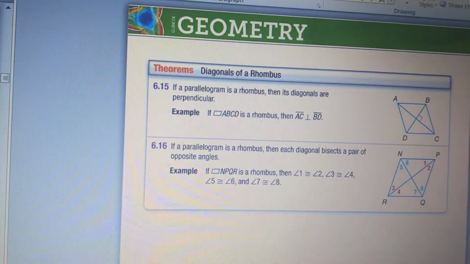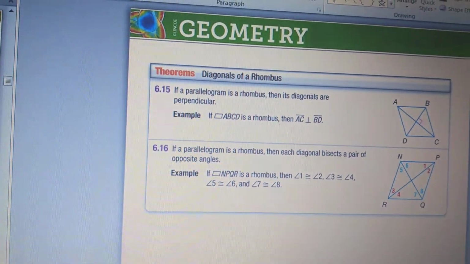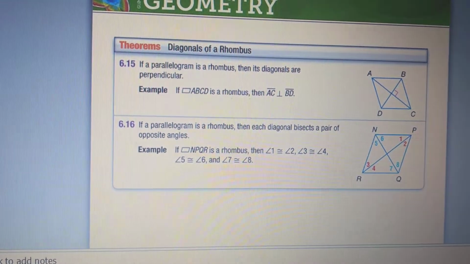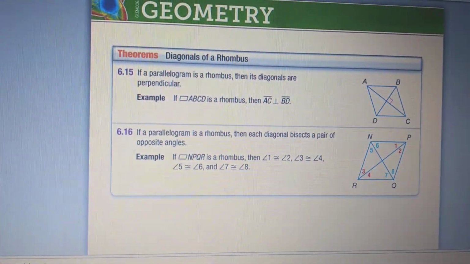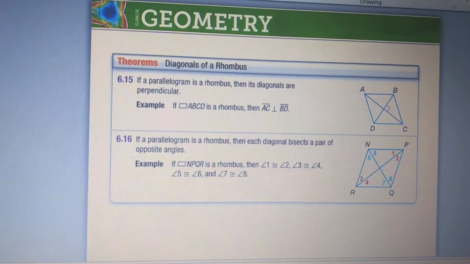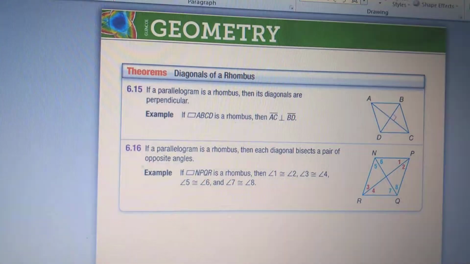If a parallelogram is a rhombus, then its diagonals are perpendicular. Then the first property that a rhombus has is that the diagonals are perpendicular. What is the meaning of perpendicular? They form a right angle, like this.